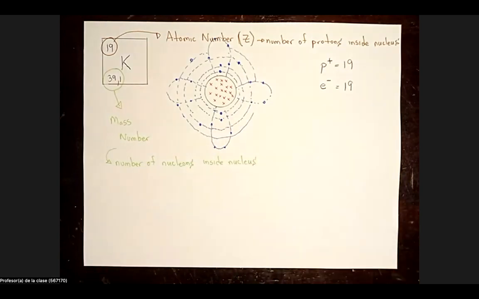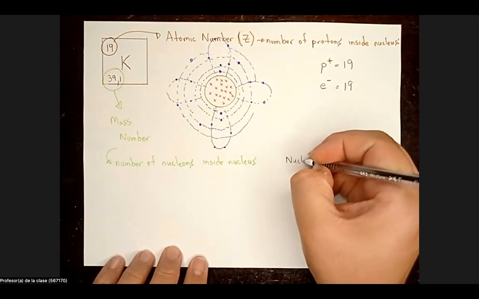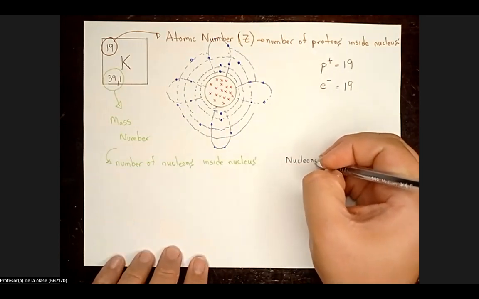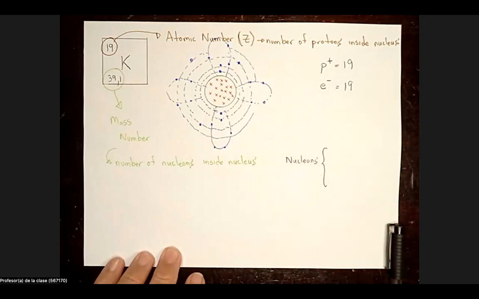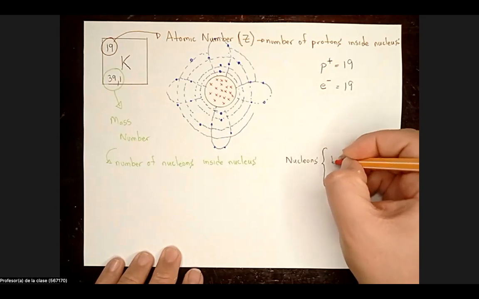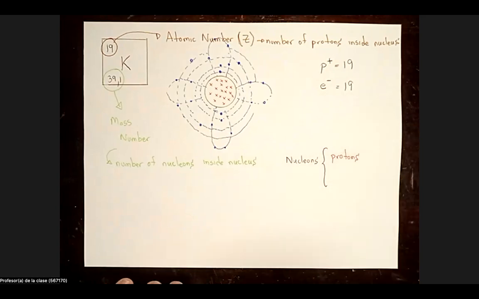Nucleons: we have two particles here. Protons and electrons. No, sorry, no electrons.